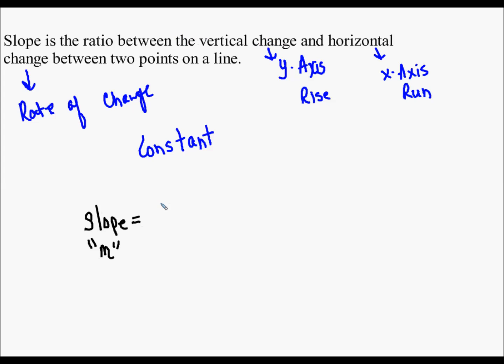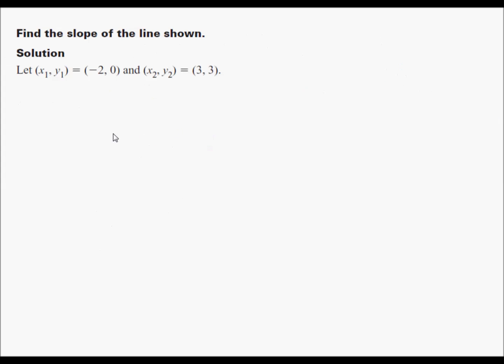So I'm going to be looking at 2 points, so it's y sub 2 minus y sub 1 over the change in x. So that's x sub 2 minus x sub 1. Remember, we have to be consistent. The y's will always have to be in the numerator, and the x's will always have to be in the denominator.